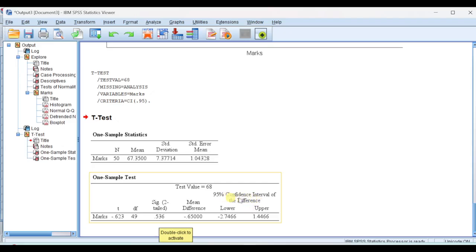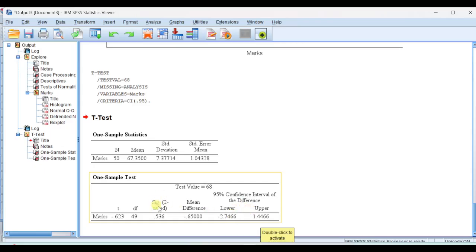And when I look at 95% confidence interval also, I'll see the lower limit minus 2.7, upper is 1.4. That means 0 is lying somewhere in between the lower and upper limit. That states, yes, it is insignificant. Had there been no 0 in between this, I would say it's significant and I would reject the null hypothesis.